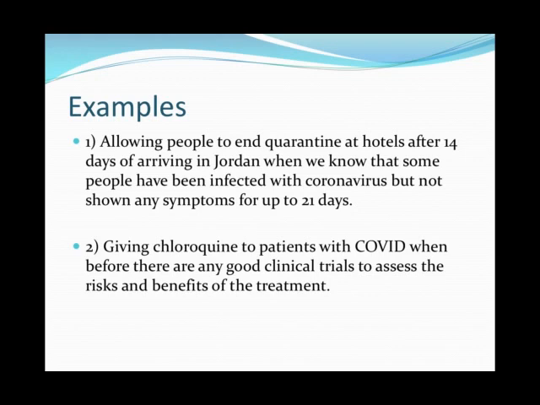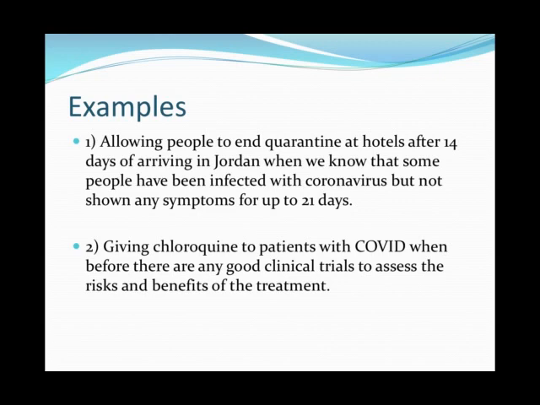Another example, giving chloroquine to patients with COVID before there are any good clinical trials to assess the risk and benefits of the treatment. So that's what some hospitals have been doing. Some hospitals have been giving chloroquine to patients with COVID, but there aren't any good clinical trials to assess the risks and benefits of that treatment.